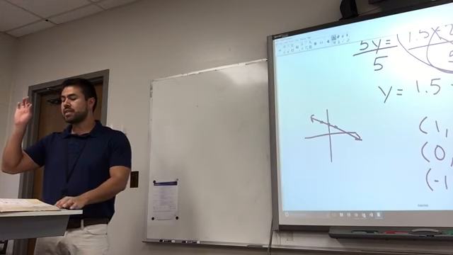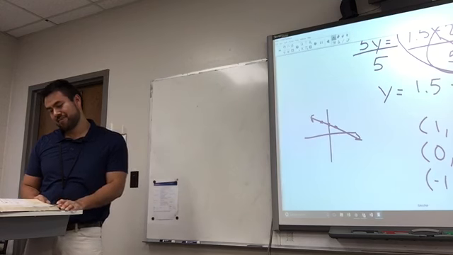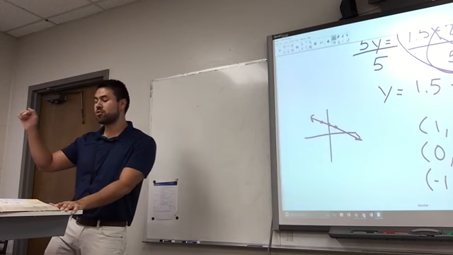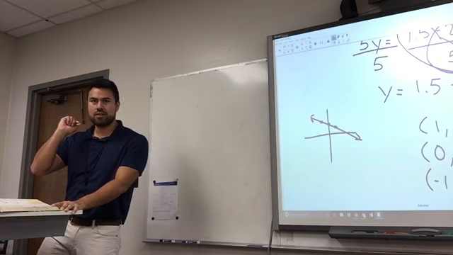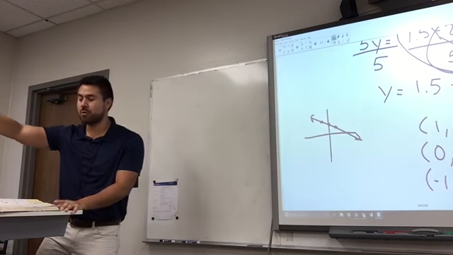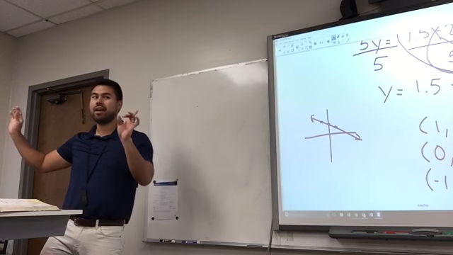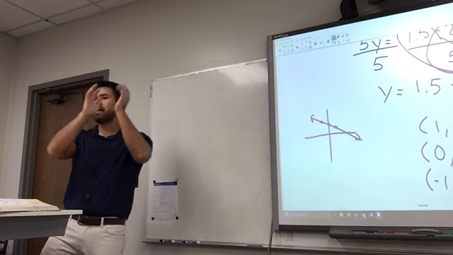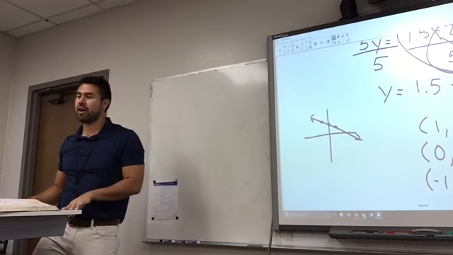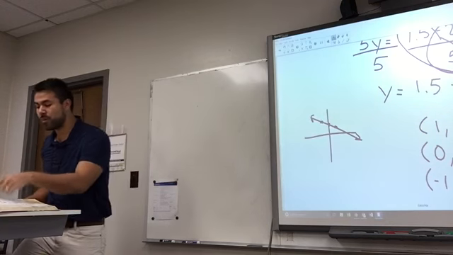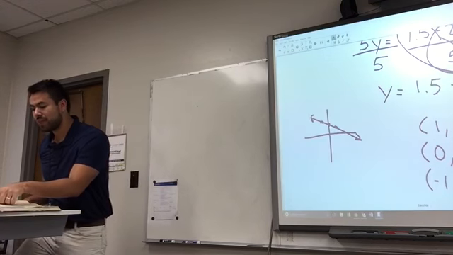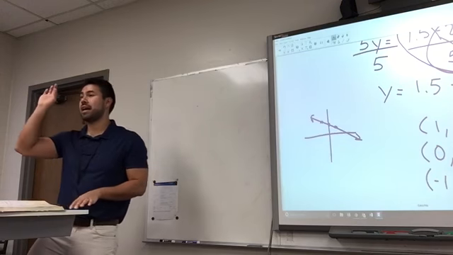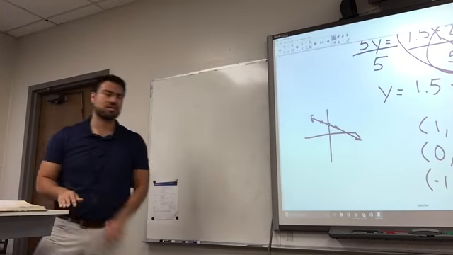Do you see how you have denominators of 3 and 4? Get rid of those denominators by multiplying both sides by 12. You no longer have fractions. Do that for number 44 and 45. Multiply by a number that will get rid of your fractions.